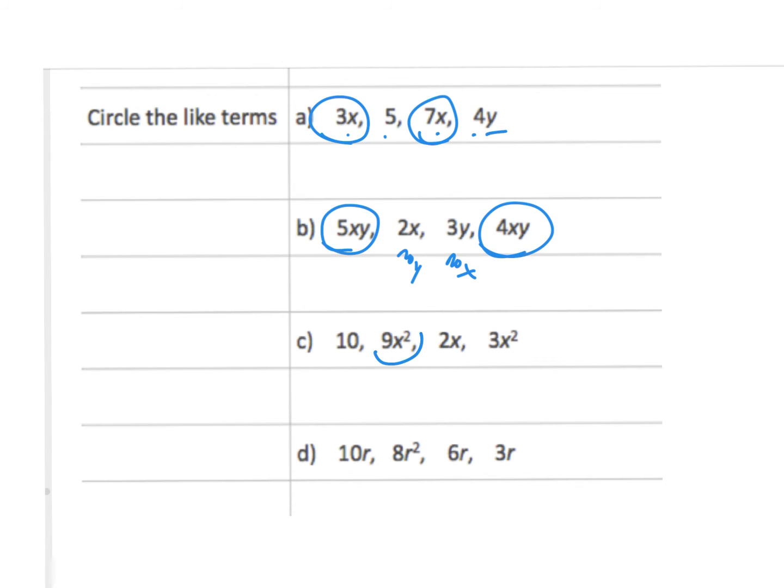So for letter C, 9x squared and 3x squared are going to be like terms. 10 does not have an x squared, and 2x does not have a squared on it. Look at letter D. You think about which ones are like terms. We have 10r, 6r, and 3r. We cannot include 8r squared because it's got the squared on it.